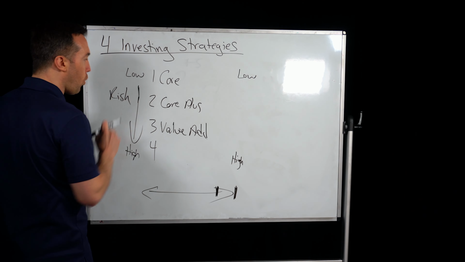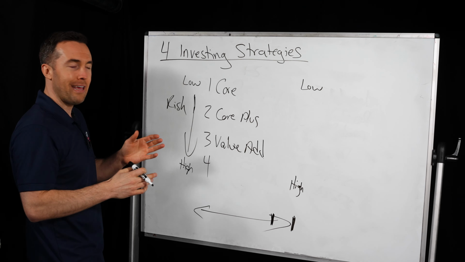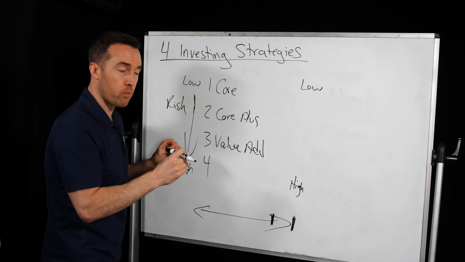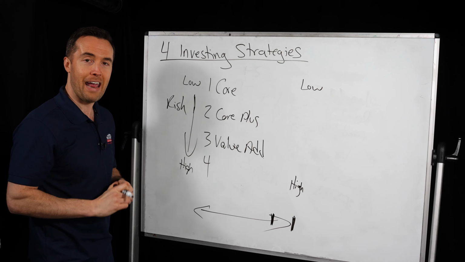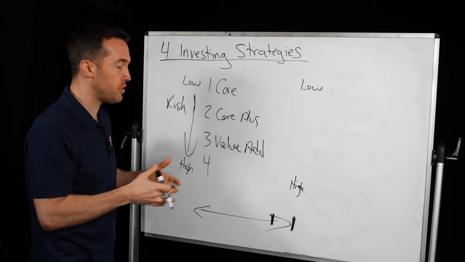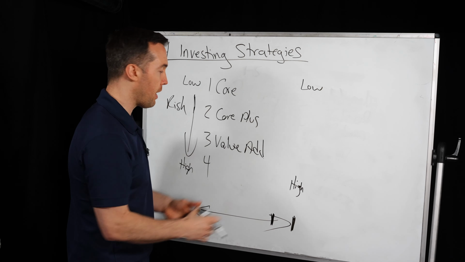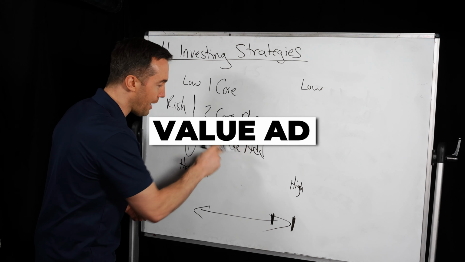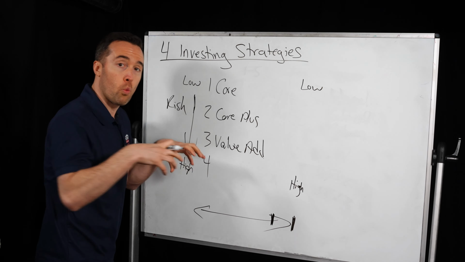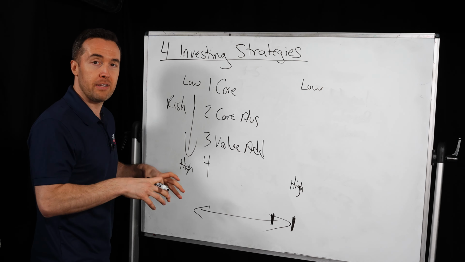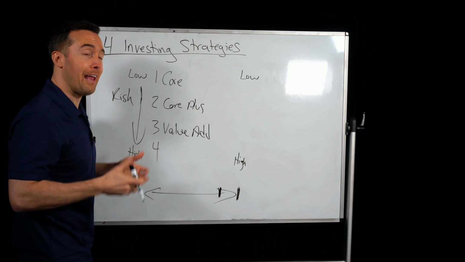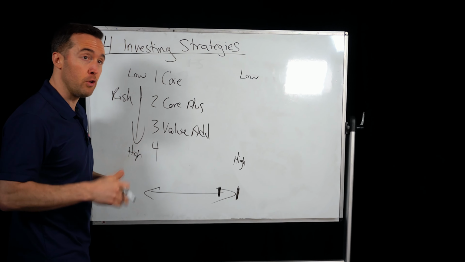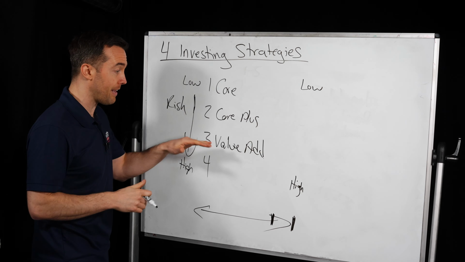So unlike Core and Core Plus, where you're doing either no work or a little bit of work, and you're really relying on the location you've selected and the prestige of that location and the building to drive the value of the asset up. With value add, you're relying on your actual work to go in and your ability to do the right type of work to make that asset more desirable and improve the NOI, the money produced by that asset each and every month and every year.